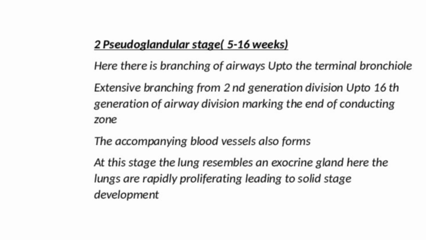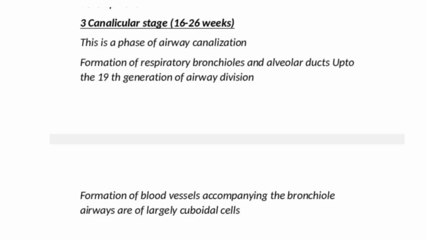We can flip the coin and move to the third stage, that is the canalicular stage, occurring at the period of 16 to the 26th week. Due to the rapid proliferation in the previous stage, we need to retain the luminal structure. Therefore, this is a phase of airway canalization, whereby the obliterated lumen is returned back into the luminal structure.